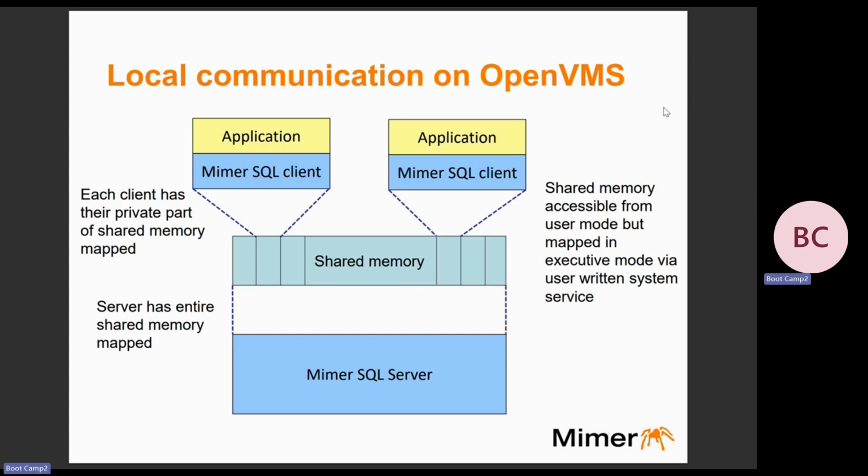Okay. Here's just a little picture of what it looks like with the local communication with Mimer on OpenVMS. Then you have a shared memory here. When you map this shared memory, you're in executive mode. So it's a user-written system service that we've made.